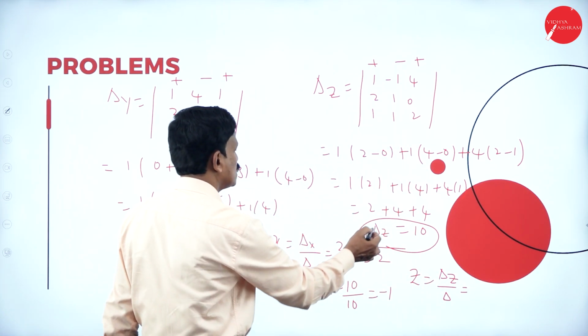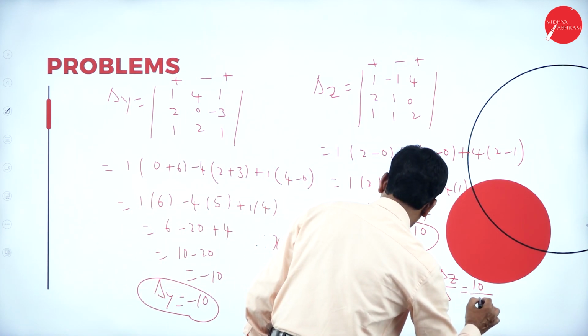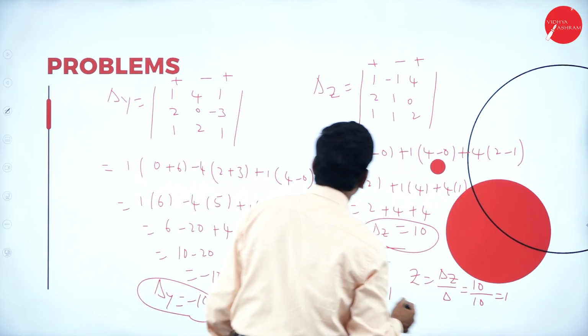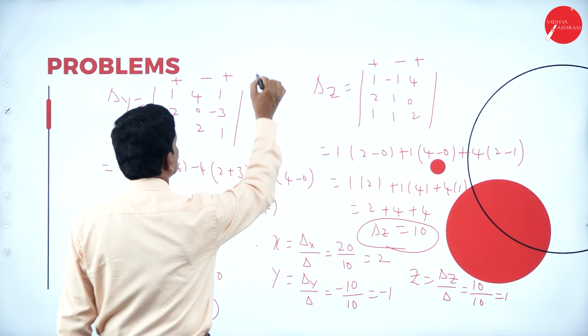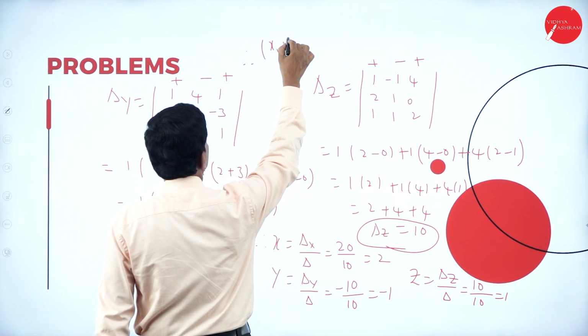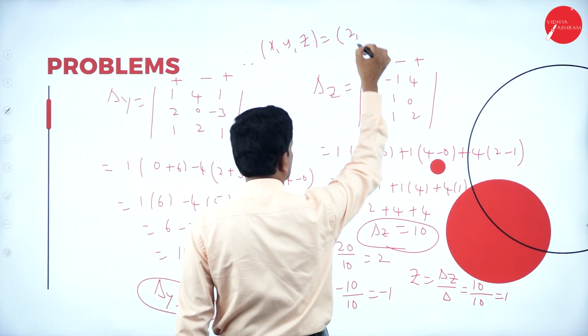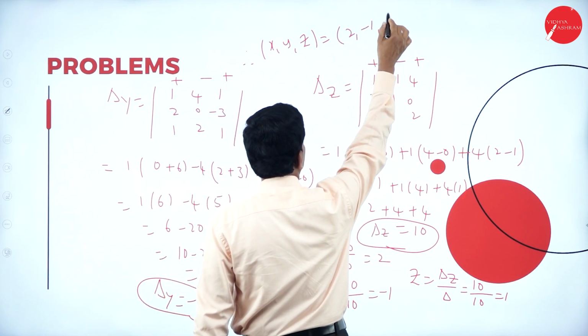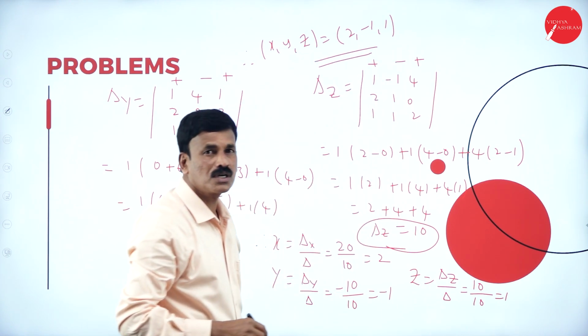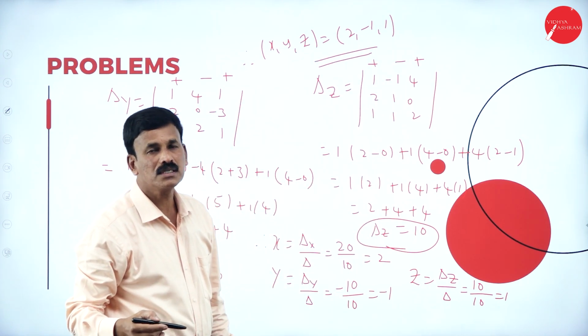What is delta z? Delta z is 10, divided by 10, that's equal to plus 1. So we can say, conclusion: therefore x, y, z is equal to, what is x? x is 2, y is minus 1, z is plus 1. 2, minus 1, plus 1 is the required answer.